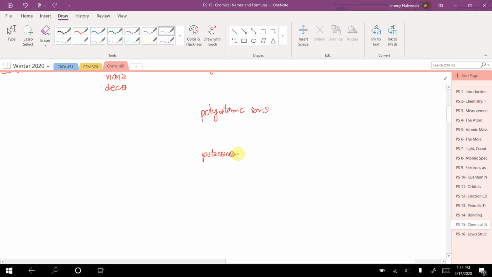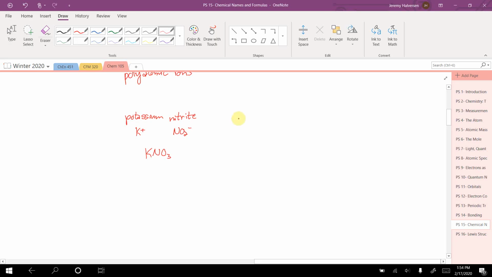Potassium nitrite. Well, I know that potassium is a K plus and nitrite is an NO2 minus. So how many of each do I need to be neutral? Well, 1, so just KNO3.